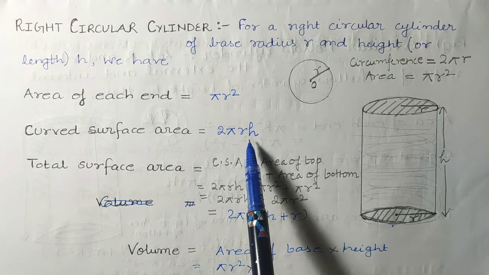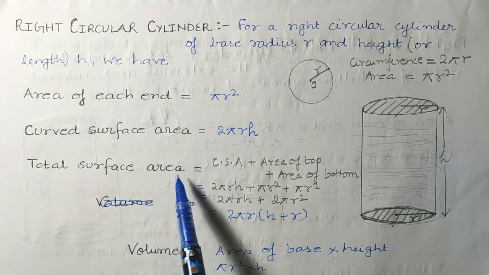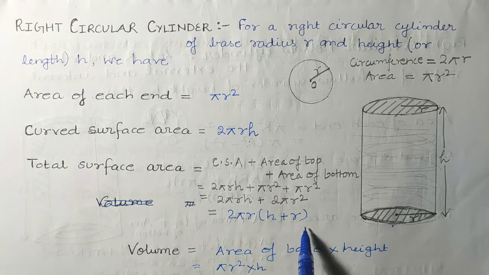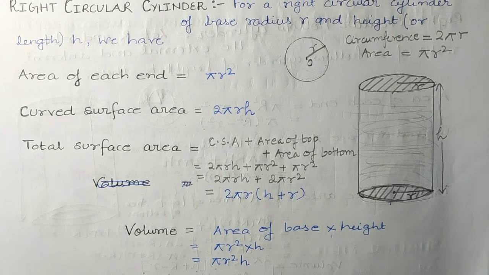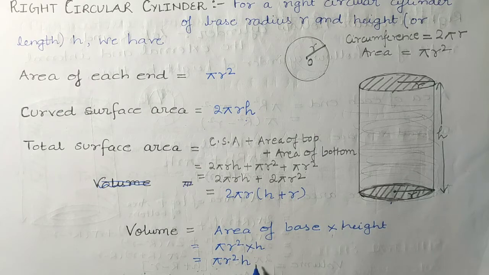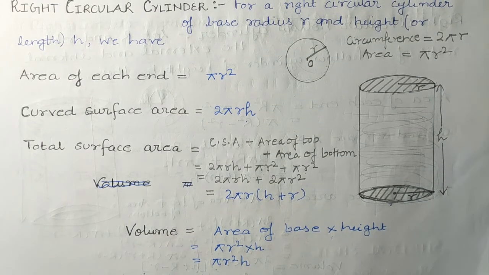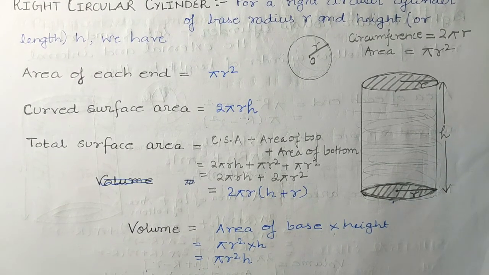Its area is 2 pi r h. Total surface area is 2 pi r into (h plus r), and volume is pi r square h, that is area of base into height. How we have calculated these, in the first part we have seen in detail.